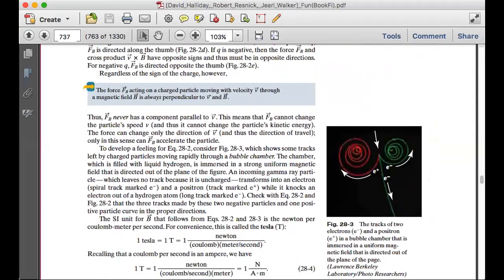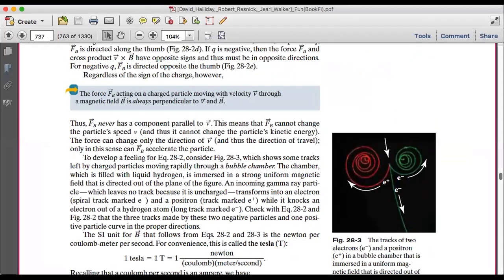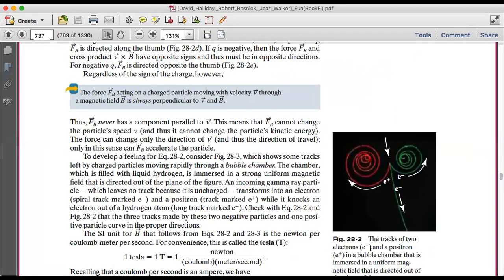So this is usually the picture of an electron and its antiparticle called the positron. In the magnetic field, for example, the electron will move to the right like this. It also moves in a helical motion with a certain radius.